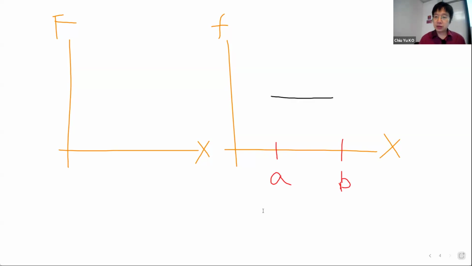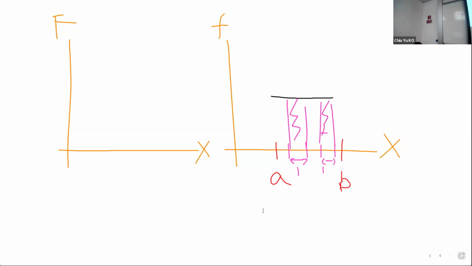If you pick this area, where the length is 1, and you pick another area that is also 1, this area must be the same, because uniform means no matter where you pick the same length, it must be the same.